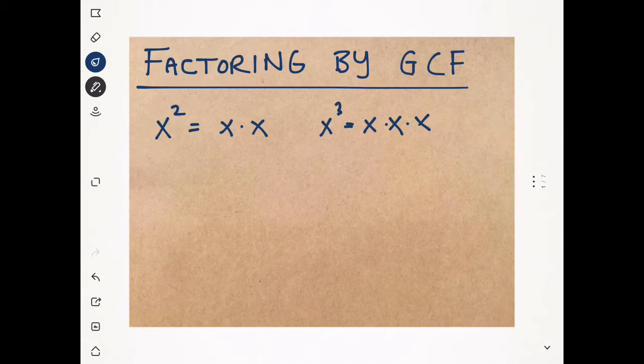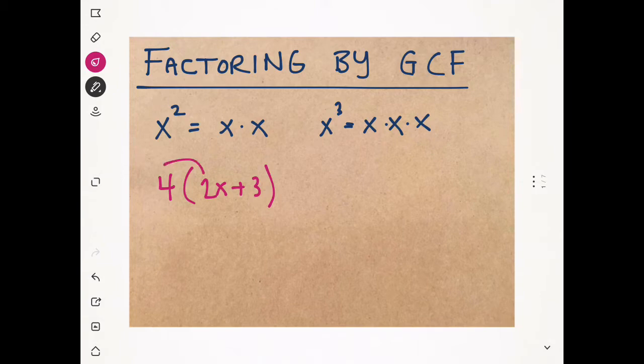The other thing I want to review really quickly is the distributive property. So I can change colors here so we can see it a little differently. If we had something like 4 times 2x plus 3, the distributive property says I need to take that 4 and multiply it by the two things on the inside.